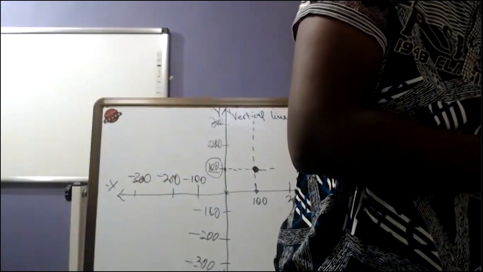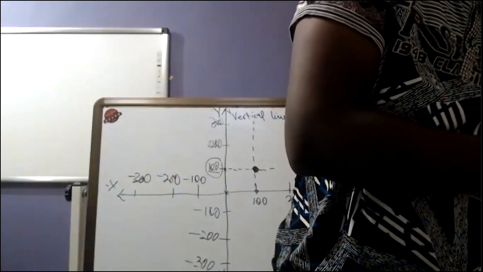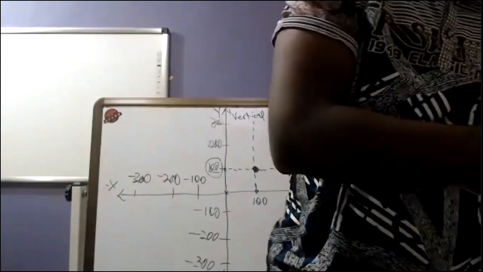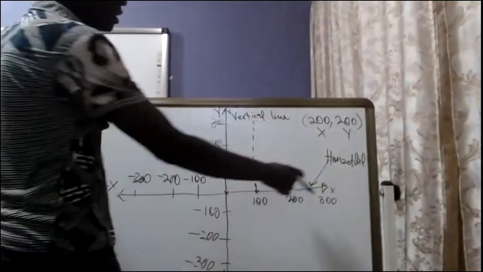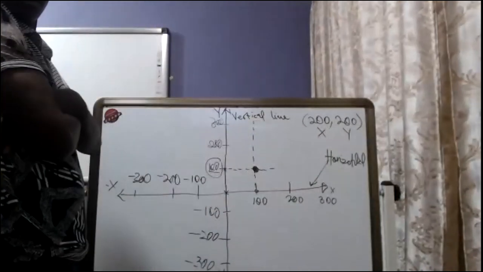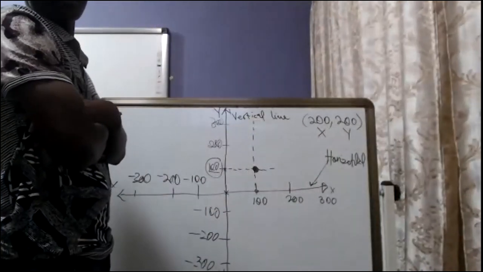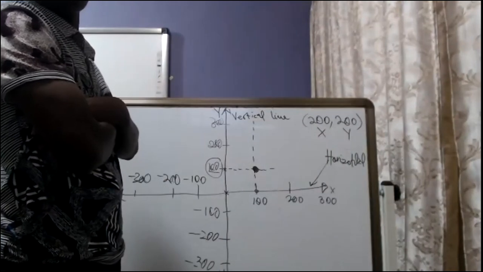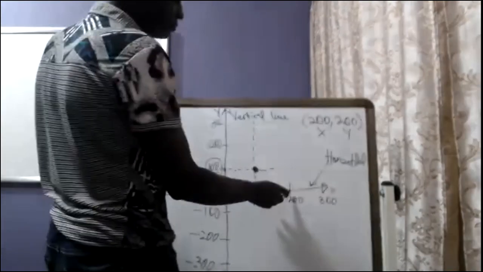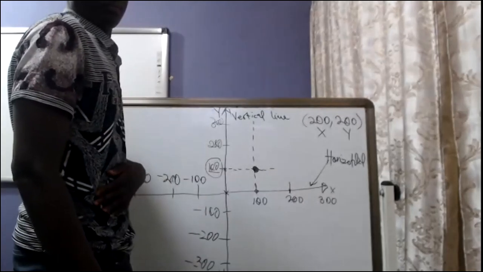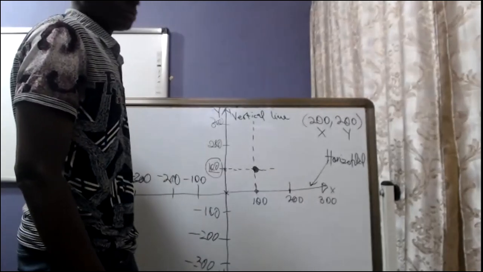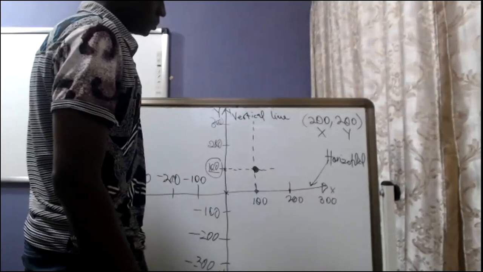Where is 200 on the x-axis? That is negative 200. Where is 200 on the x-axis? Is it this one? That's the y-axis. At the X place.